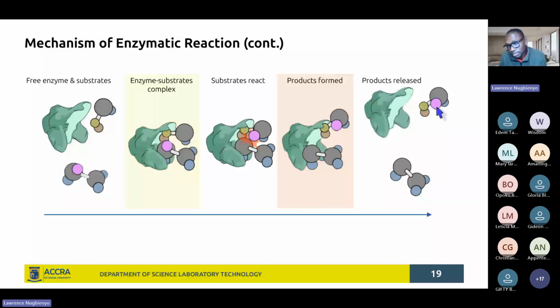That reaction will continue to be catalyzed with products forming until all the substrates, the reactants, are consumed in the reaction mixture, and you'll be left with just the products and free enzymes. All right. Now, that's well understood.